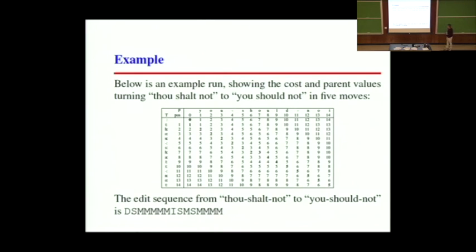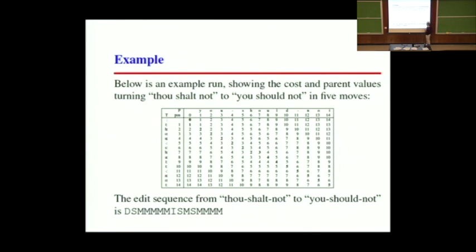What does it mean when I go on a diagonal? If this is the parent, the fact that this is 5 and this was 5 means what? It ended on a match. Does everybody agree? Where was the last substitution?